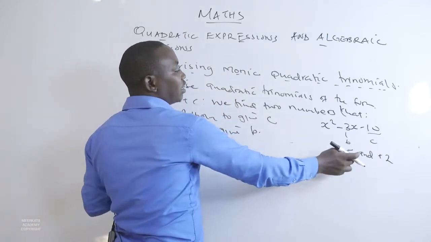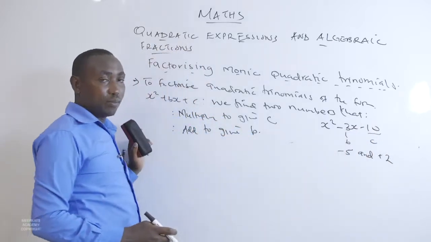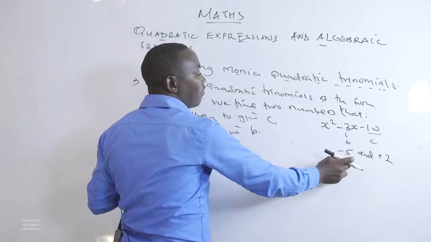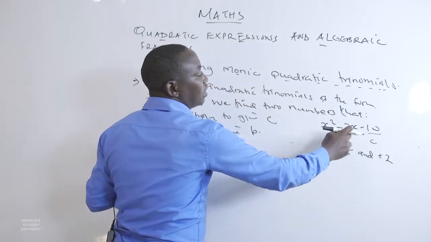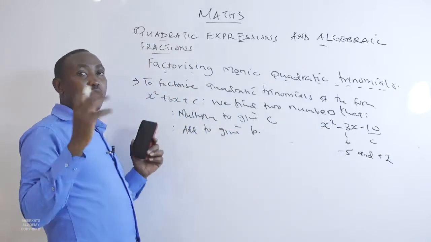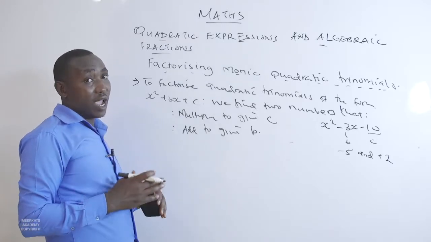So when you take negative 5 by positive 2, the result will be c, which is negative 10. And when you take negative 5 plus 2, the result will be negative 3, which is b. So you do the combination of those particular numbers until you find them.